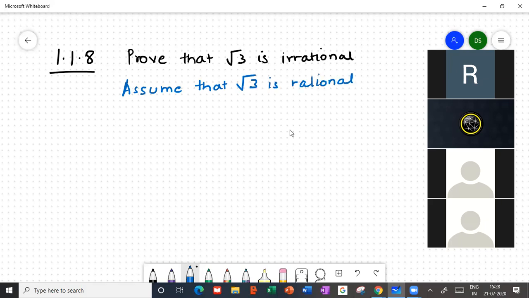So if I say a number is rational, what does that mean? It can be expressed as P by Q where Q is not 0. It can be written as P by Q. So I'm just going to write that.